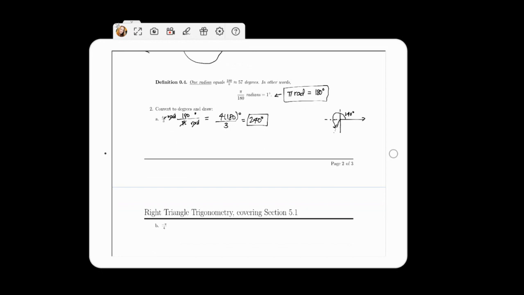We could also graph it using radians to begin with, because 1 pi over 3 is going to be about that much, 2 pi over 3, 3 pi over 3, and then 4 pi over 3. So we can also just graph it directly in terms of radians. I recommend you get comfortable with radians and not always have to change back and forth to degrees. We're just changing these back and forth to practice using the conversion.